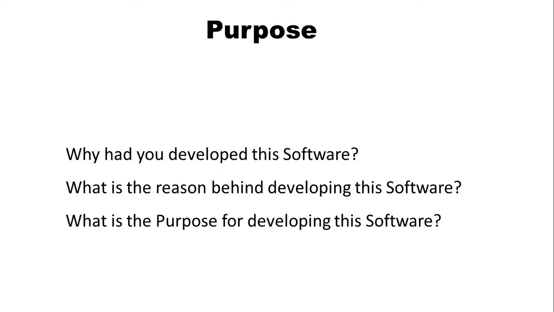So that is why we have developed the online reservation system, because it will become easy for the user. Sitting at their home, they can book a ticket or two for them or for their family. That is the purpose why you have developed it. So you have to write the purpose of the software which you have developed, right?